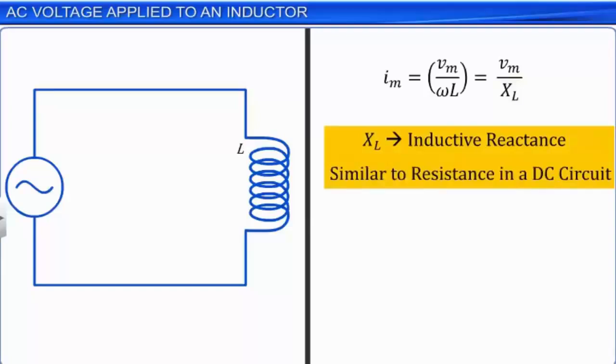This inductive reactance is directly proportionate to the inductance L of the circuit and the frequency of the current or voltage. Inductive reactance is equal to 2 pi L f, which is equal to omega L, since 2 pi f is equal to omega.